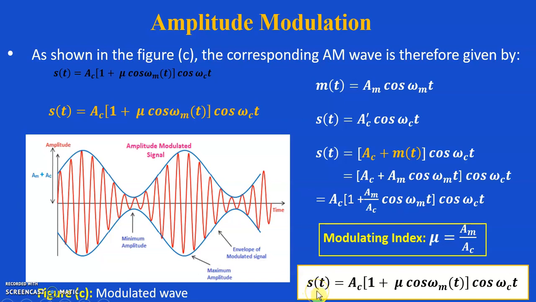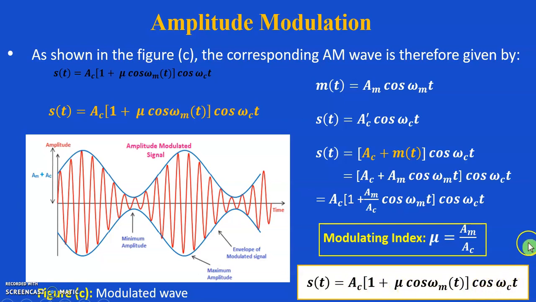This equation, we call it the modulated wave or modulated signal, that can be transmitted at the transmitter, and this signal will be propagated in the channel. At the receiving end we do a process called demodulation to extract the message signal from the modulated wave, because this equation states that the signal S of t is equal to AC (1 plus mu cosine omega mt) into cosine omega ct.